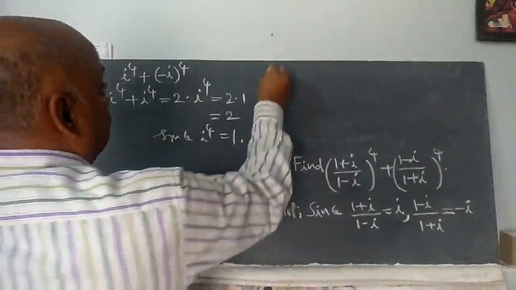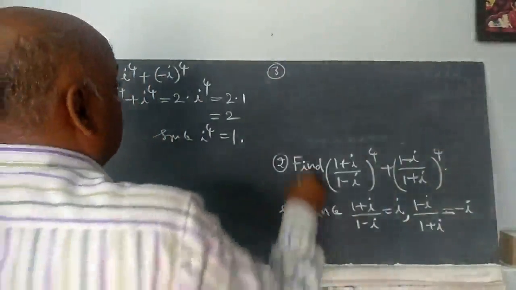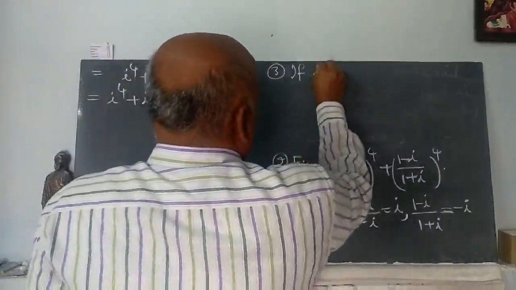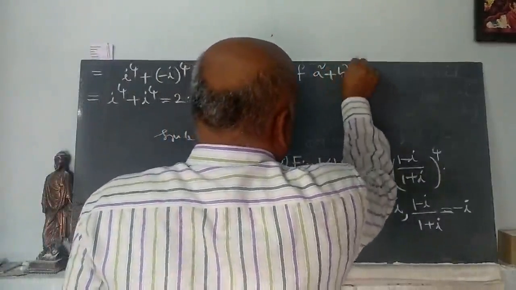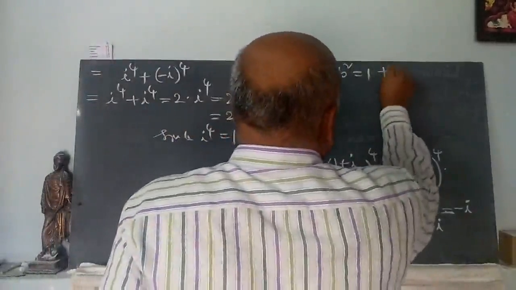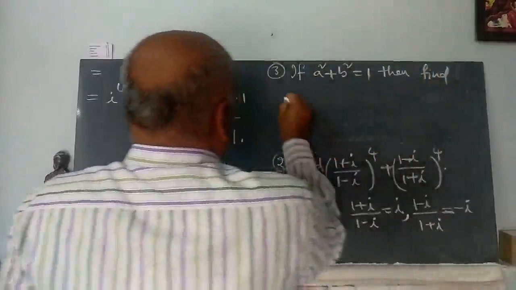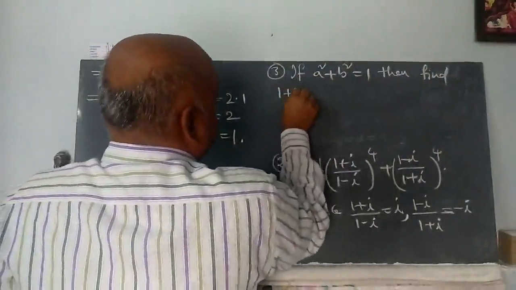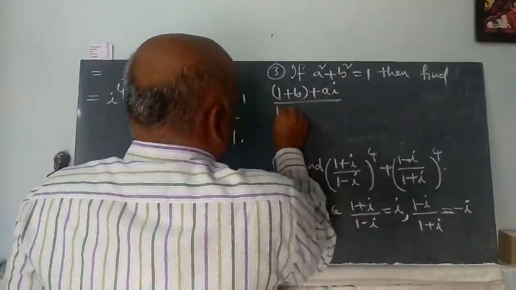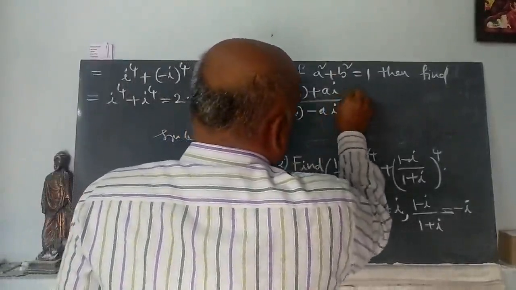Third problem. If A square plus B square is equal to 1, then find 1 plus B plus Ai by 1 plus B minus Ai.